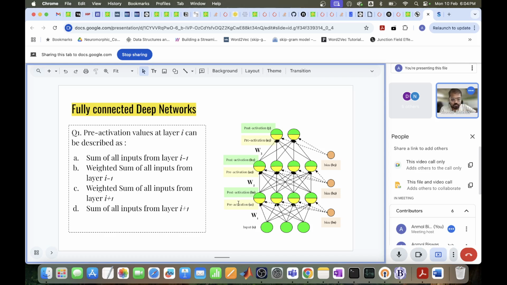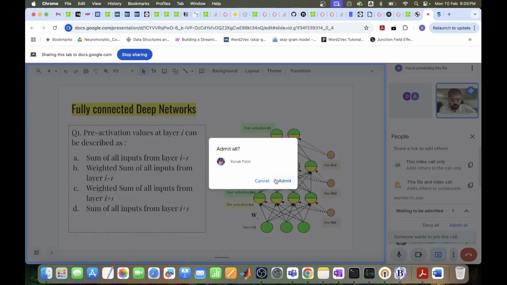One is the pre-activation, which is the raw output of the weight multiplication and the bias addition, right? And the other part is the post-activation, which is after applying the activation function, right? So here, obviously, because there are two hidden layers, you'll have three sets of weights and three sets of biases, right? And yeah, it goes like this, right?